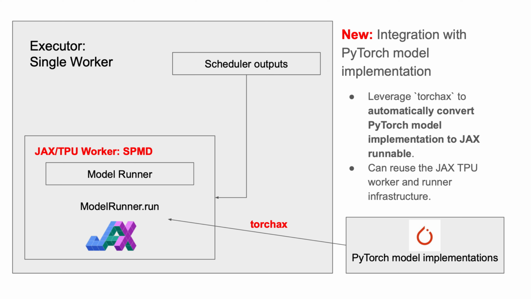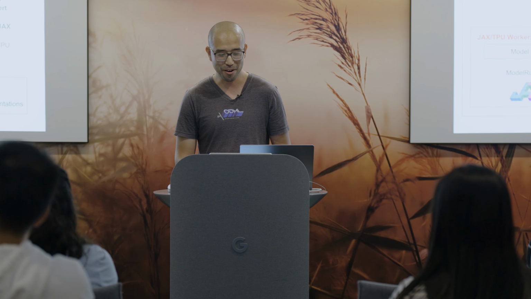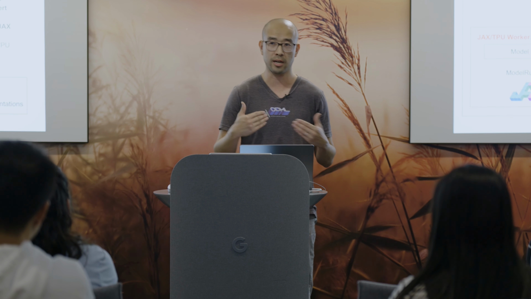So here we also provide an important user journey for you to leverage the existing JAX TPU worker, but also seamlessly use your existing PyTorch model. The key here is that if you have an existing PyTorch model implementation, we have this magic called Torchax, which converts the existing PyTorch model through this Torchax tool to a JAX class.